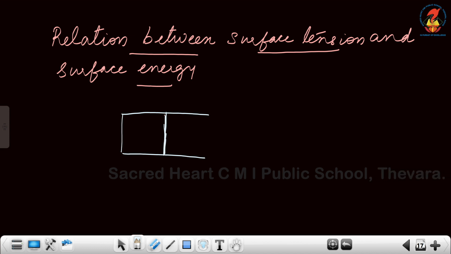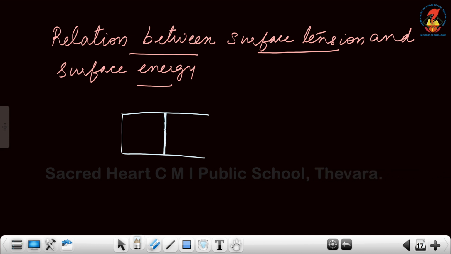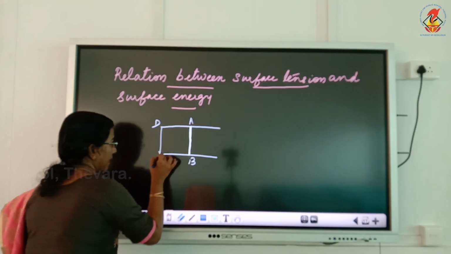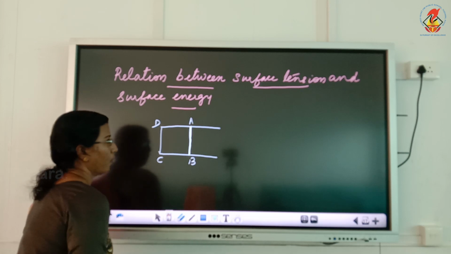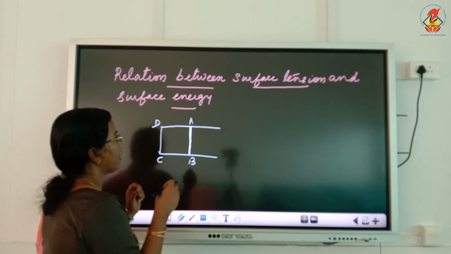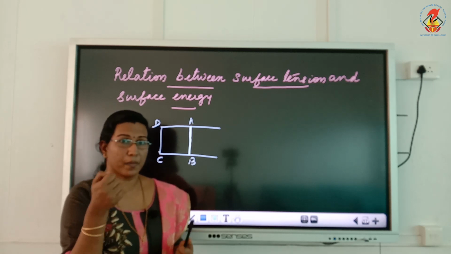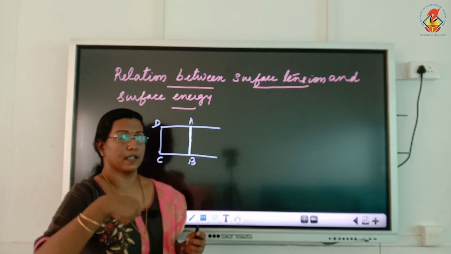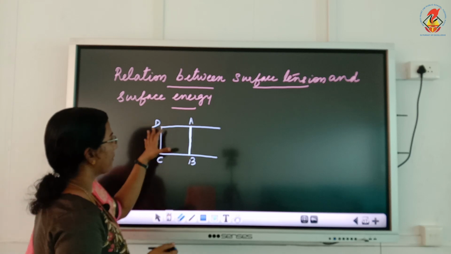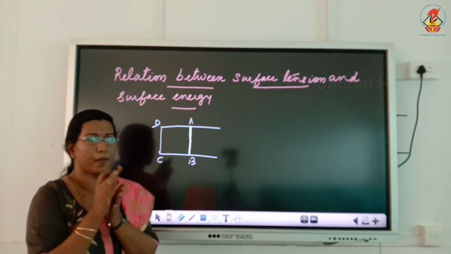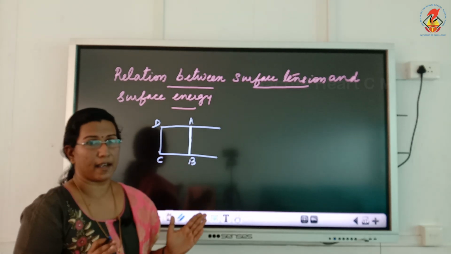ABCD is the rectangular frame of wire and the end AB is movable. Now what we are going to do is dip this rectangular frame of wire into soap solution. You must have seen children making bubbles by dipping in soap solution, isn't it? Same way we are going to dip this rectangular frame into soap solution. So a very thin film of soap will be formed in the rectangular frame.